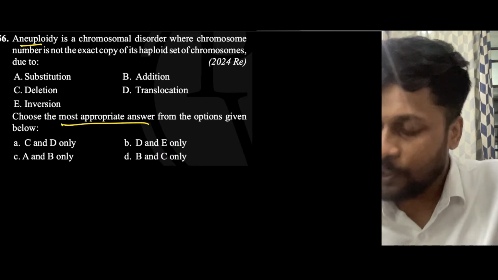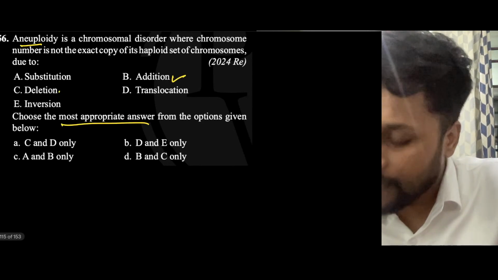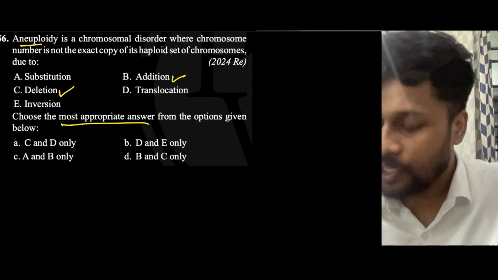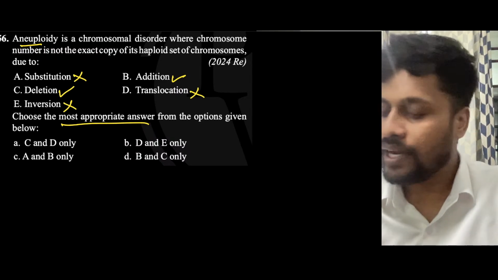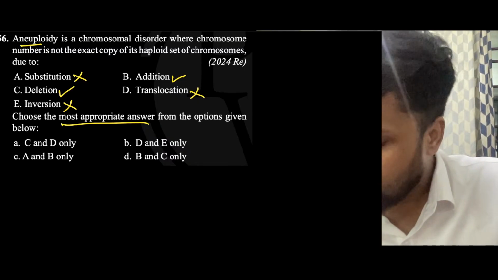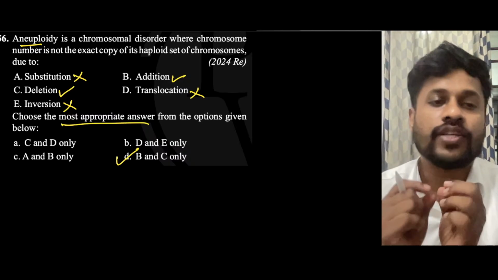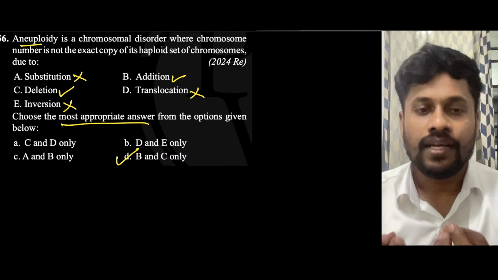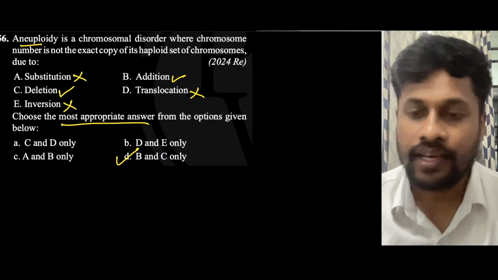What are the reasons? Addition is a reason, and deletion is another reason. Not substitution, not translocation, not inversion. So here the answer will be what? Of A, B, and C, option D. So aneuploidy means what? Change in a few numbers of chromosomes, which is due to addition or deletion. Is it clear? Yeah, very good.